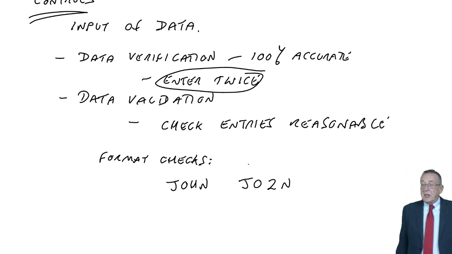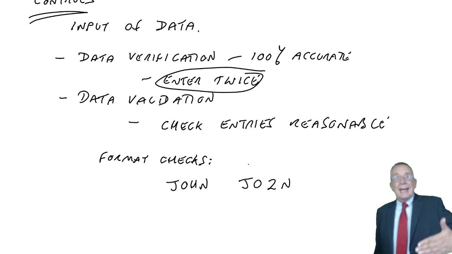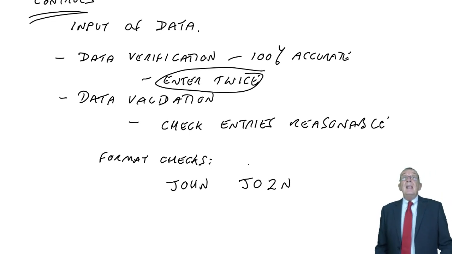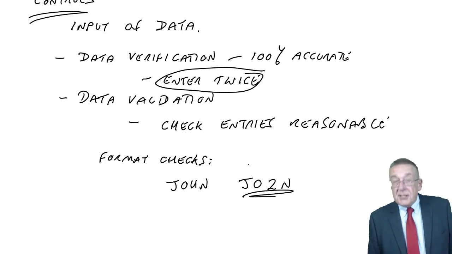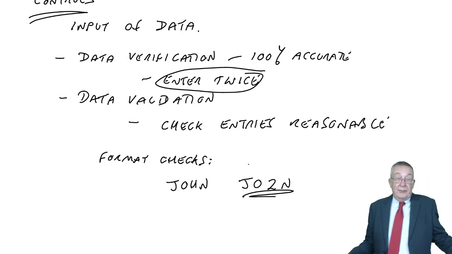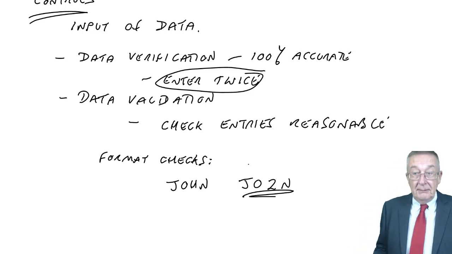And we can tell the computer in advance that whenever a name is entered, it has to be all letters. And if somebody does mistype and accidentally hit a number, it's immediately rejected. And they're told, error. I'm sure you've all seen that when you've filled in forms on the internet.